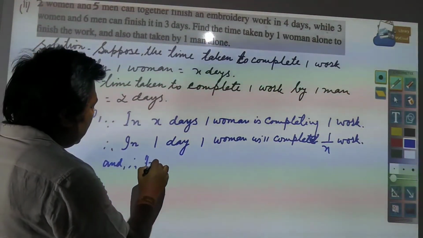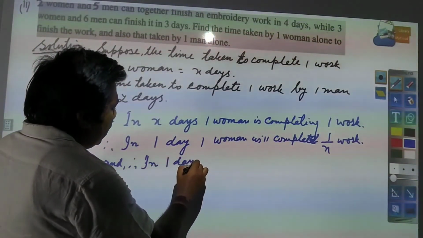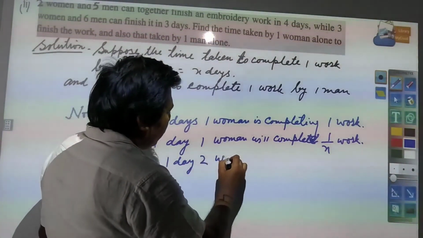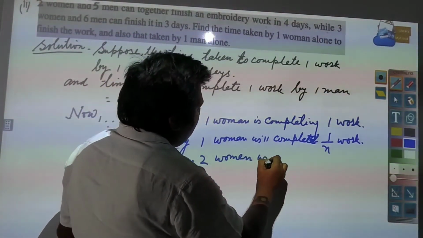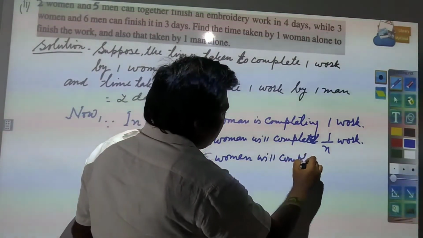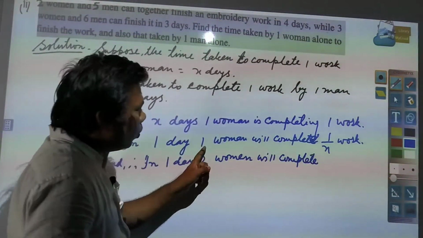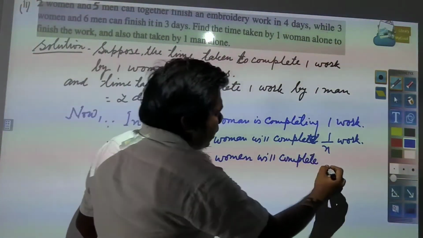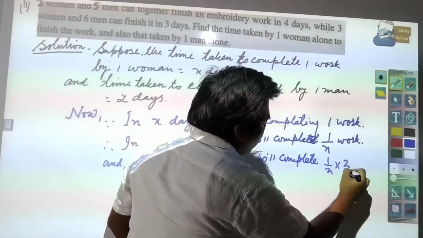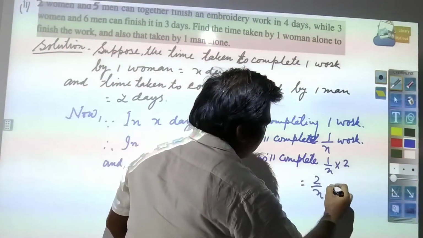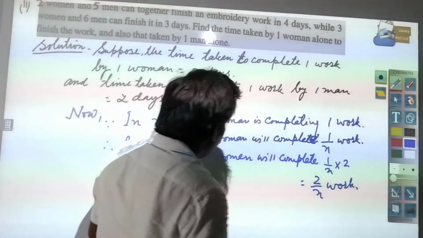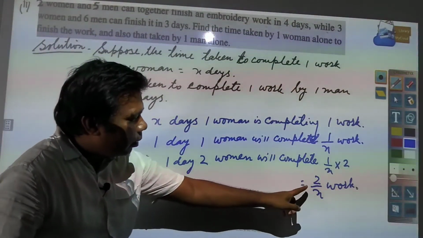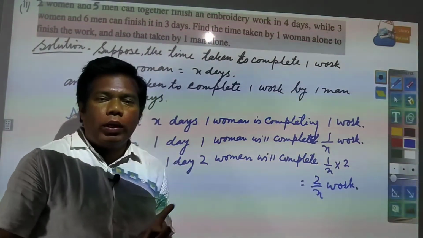and therefore in one day, if two women are there, two women will work together, will complete how much work? One woman is working 1 by x work. So if two women will be there, it will be 1 by x into 2. It means 2 by x work they will complete in one day. In one day, if two women are working together, they are completing 2 by x work.